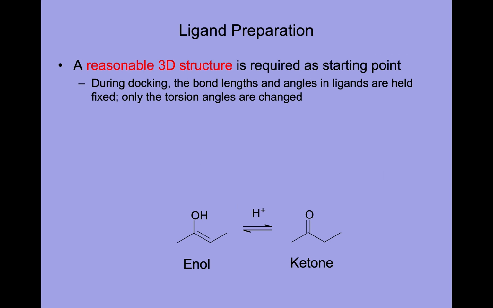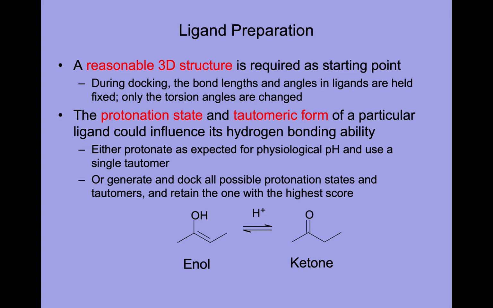The next thing is you will have to prepare your protein structure as well as the ligand structure. A reasonable 3D ligand structure is required as a starting point. During docking, the bond lengths and the angles in the ligand are held fixed, and only the torsion angles are changed. The protonation state and the tautomeric form of a particular ligand could influence its hydrogen bonding ability.